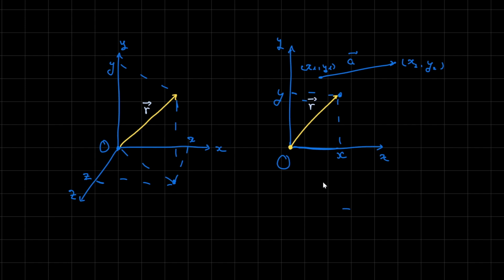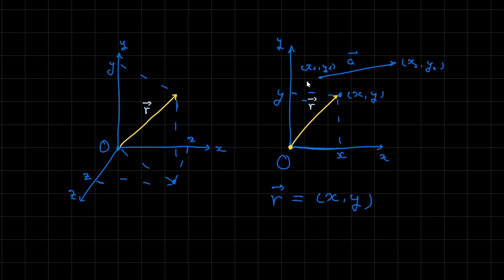Looking at this Oxy first, if we have a vector whose initial point is put at the origin and the endpoint has the coordinates x, y like this, we can say the vector r is equal to (x, y).